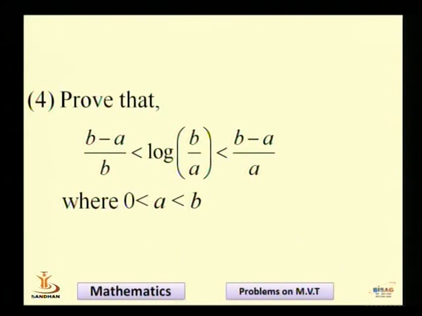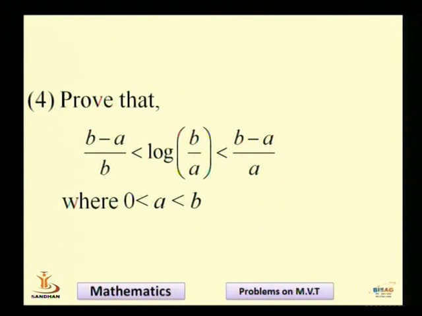Now, these type of problems are also very important in your exams. See, to prove such inequalities, we always try to use Lagrange's theorem, because mostly all the problems of this type follow from the Lagrange's mean value theorem. But how to apply Lagrange's theorem? Because if you want to apply Lagrange's theorem, then you need a function f(x) which is continuous on closed interval, differentiable on open interval.